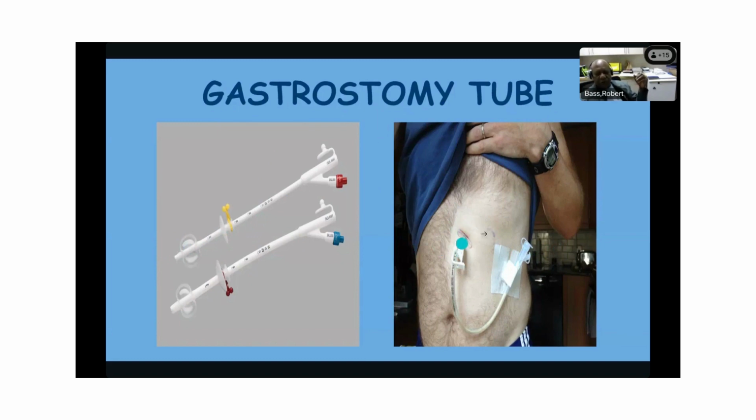It's also surgically implanted, and it passes through the abdominal wall into the stomach. You can also have what's called J tubes as well. Your complications here: you can have bleeding, irritation around the site, it could leak from cracks, and it can become accidentally or purposely dislodged or obstructed as well.